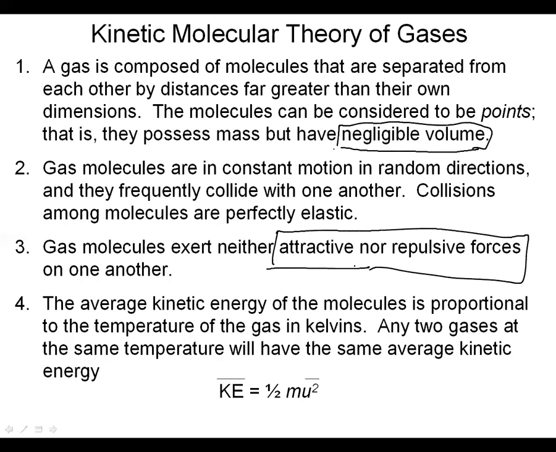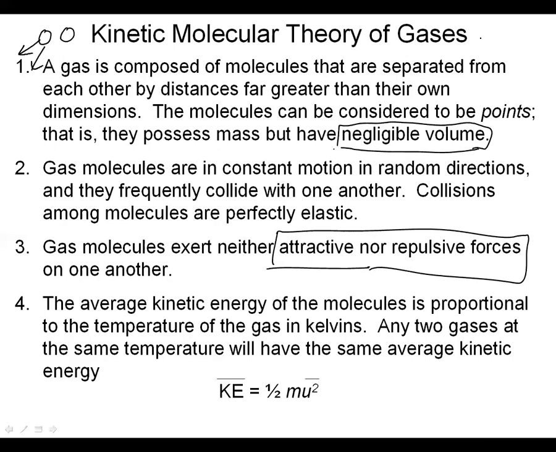Again, the assumption here is if those gas molecules have no attractive forces or repulsion forces to one another, this gas molecule, for example, would be free just to fly around as much as he wanted.